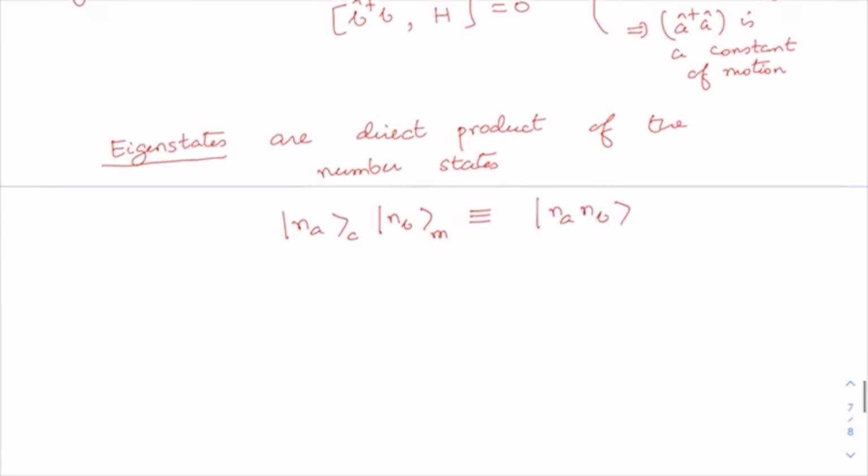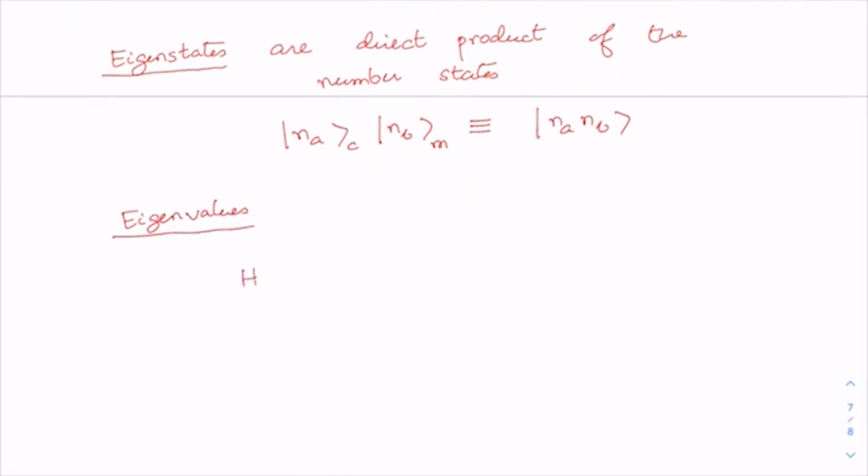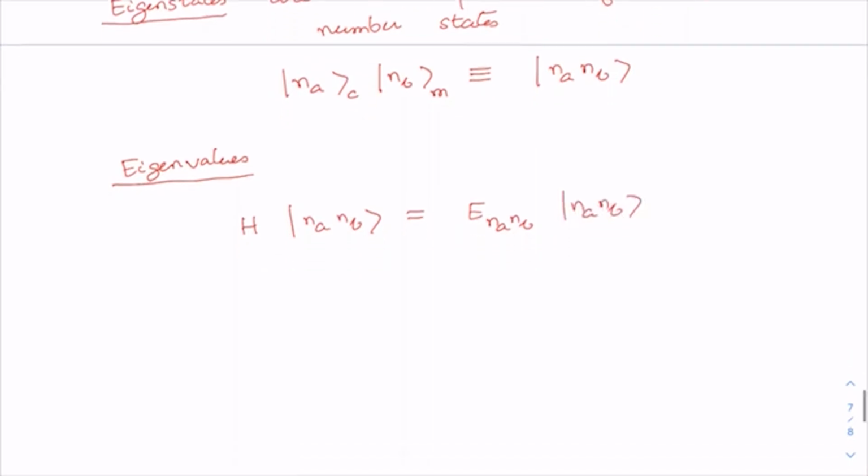Now what about the eigenvalues? It's very easy to work out, just by solving this eigenvalue equation, H|n_a n_b⟩ = E_{n_a n_b}|n_a n_b⟩, where E is the energy.